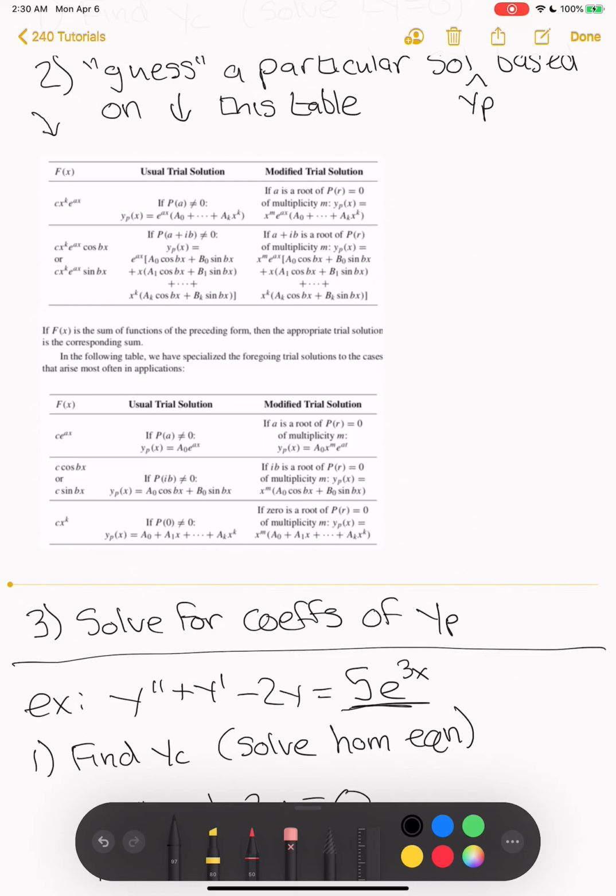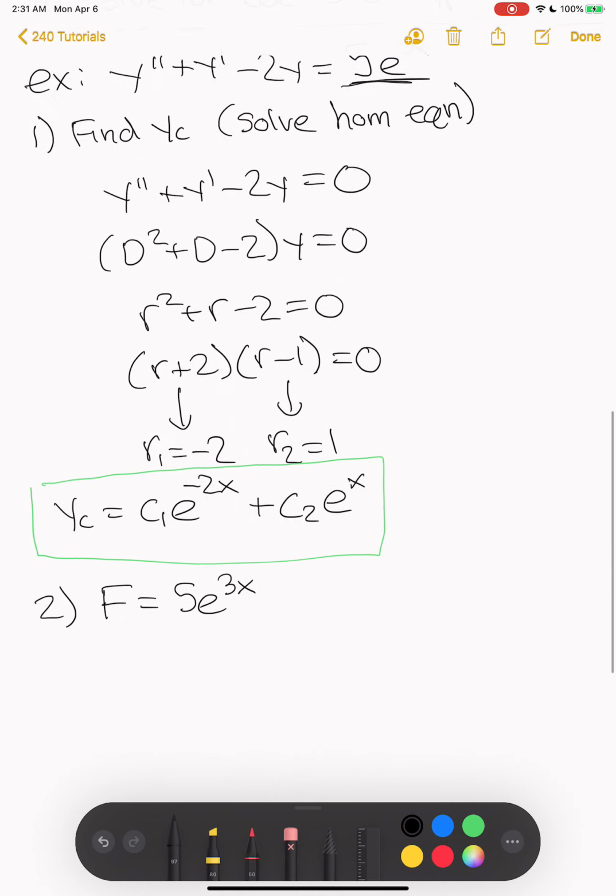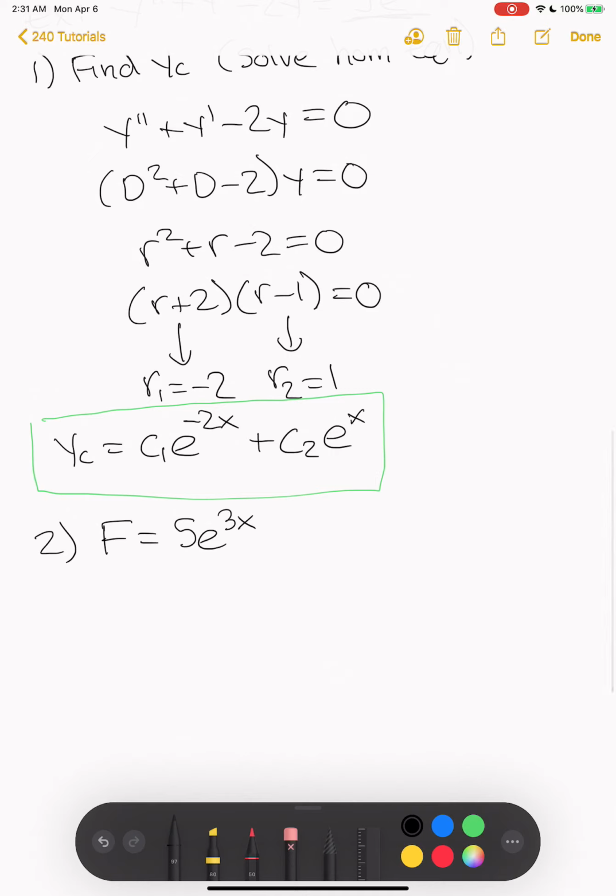If you read the text between the two tables, they've simplified the top table down into usual cases, so we'll be using the bottom table quite a bit more in this course because it's simpler. But it looks like the top case there: a constant times e to the ax. The condition is that as long as this is not already a solution to my complementary function, so as long as 3 was not one of my roots, I'm good to go.